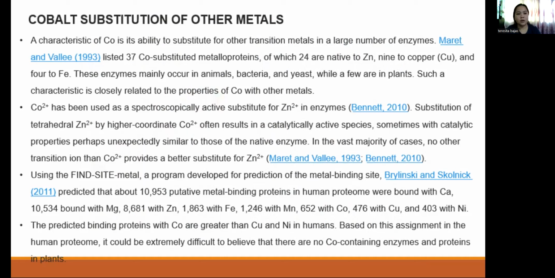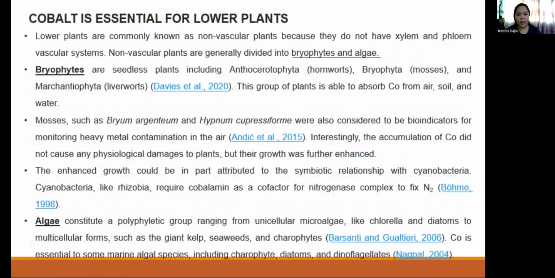Sabi dito sa article, substitution of zinc, iron. Ini-emphasize po dito na si cobalt is essential for lower plants.